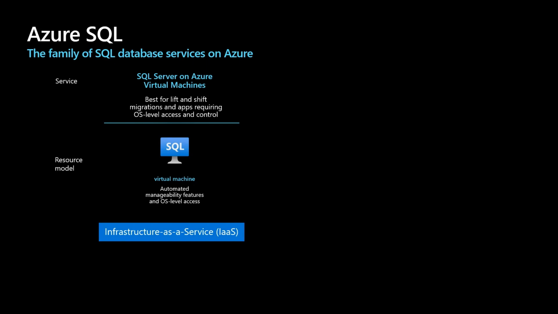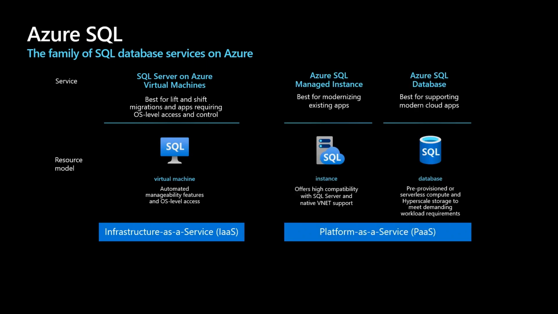However, if you want a fully managed service for SQL, you have two choices. The first one is Azure SQL Managed Instance. This is equivalent to SQL Server Engine on-premise, the full service with all the surface area capabilities, but running in your network, so it gives you that private security.